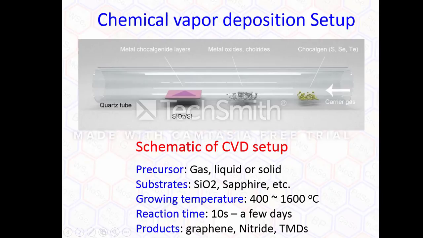In order to grow the TMDs, the first step is nucleation. What do we need? We need a metal, right? We need the chalcogen. The chalcogen has no problem: sulfur, selenium, tellurium, the melting temperature is pretty low, below 600 degrees. But the metal is challenging. Of course, molybdenum oxide is okay, with a melting temperature of around 600 degrees, pretty good.